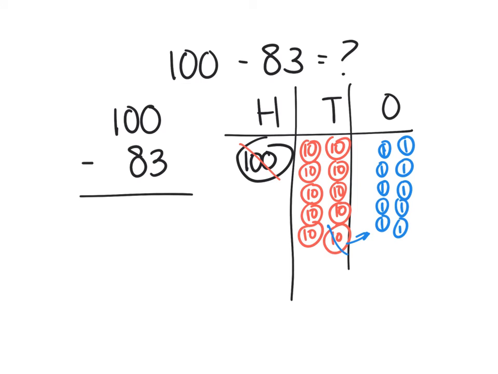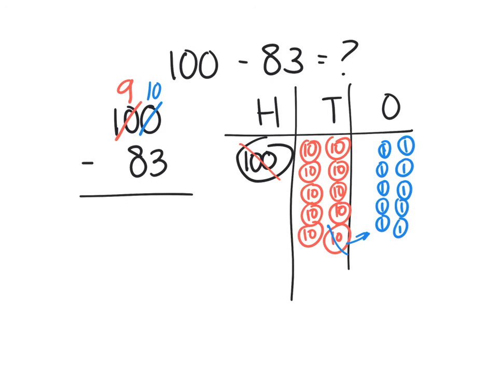Okay? So now, what I'm going to show on my equation is what I have here now. I don't have any hundreds anymore, but I do have 1, 2, 3, 4, 5, 6, 7, 8, 9 tens. And over here I have 10 ones. So I'm going to show that in my ones place. I have 10 ones now.